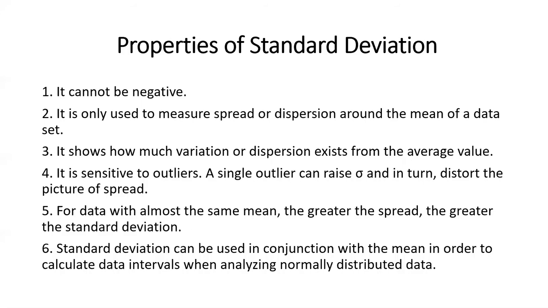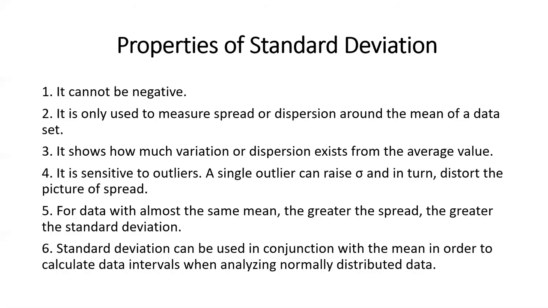In the case of mean deviation, we used the median and mean to calculate the dispersion or spread, but in the case of standard deviation, only the mean is used. It shows how much variation or dispersion exists from the average value.